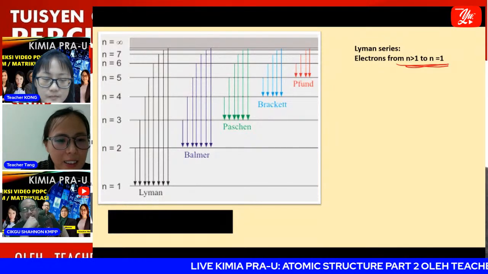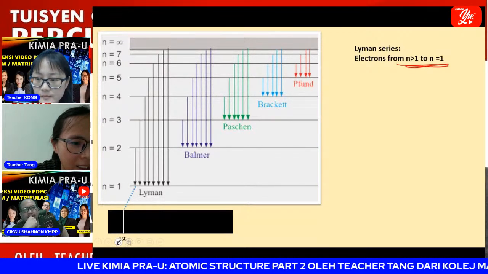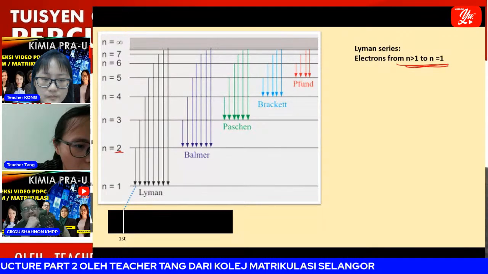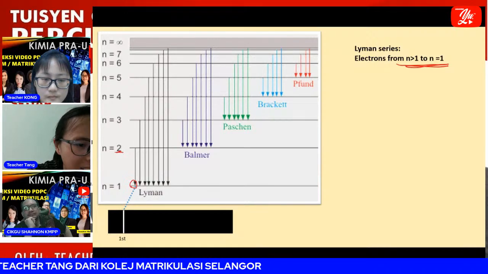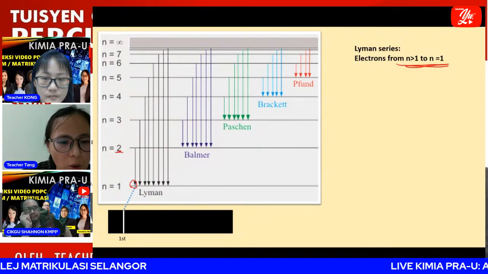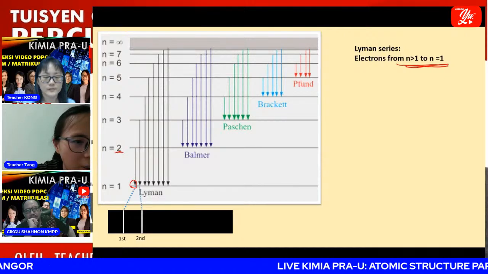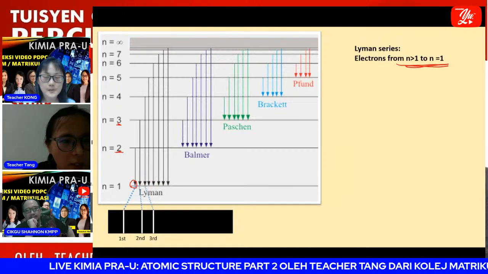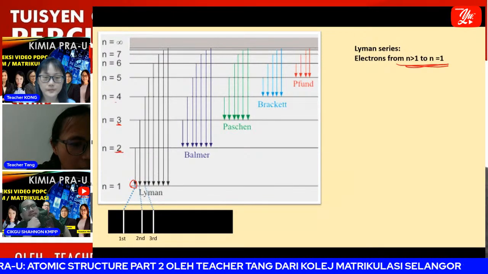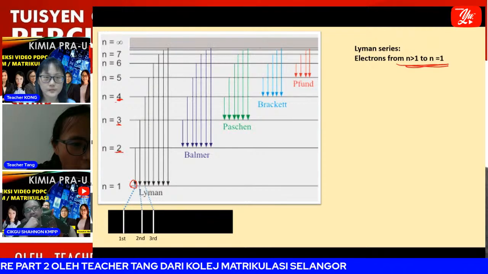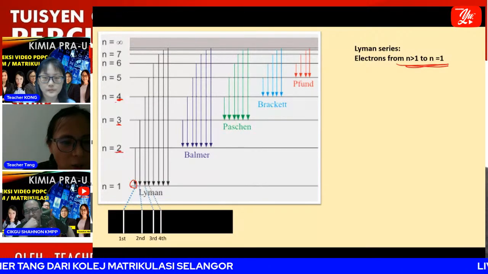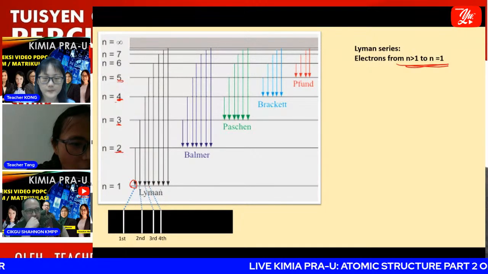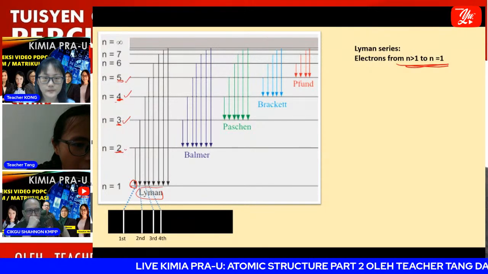The first line in the Lyman series, the first line in the line spectrum, corresponds to an electron from n equals 2 falling to n equals 1. The second line corresponds to n equals 3 falling to n equals 1. The third line corresponds to n equals 4 falling to n equals 1. The fourth line corresponds to n equals 5 falling to n equals 1. So in the Lyman series, all are from a higher energy level falling to n equals 1.